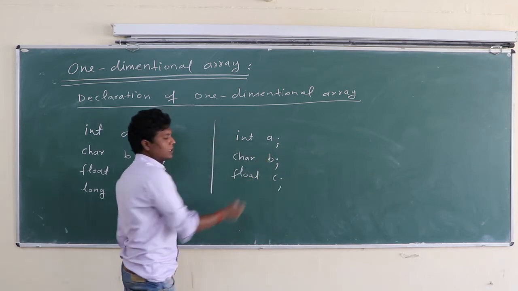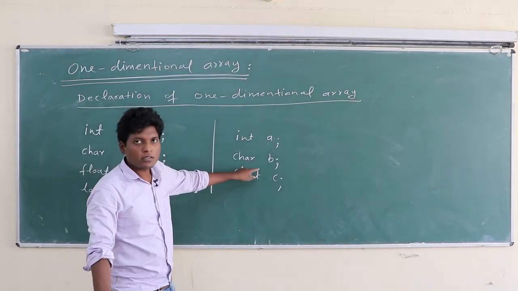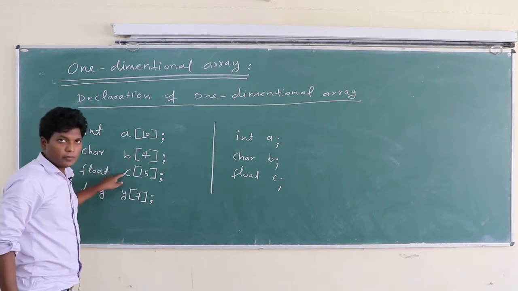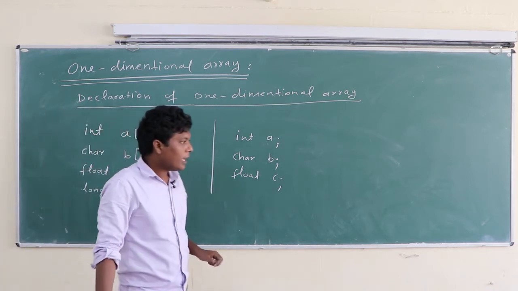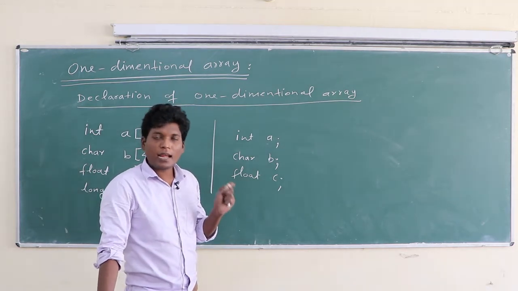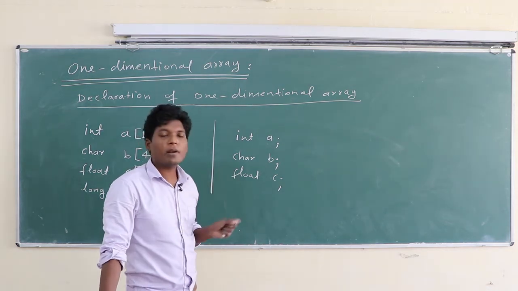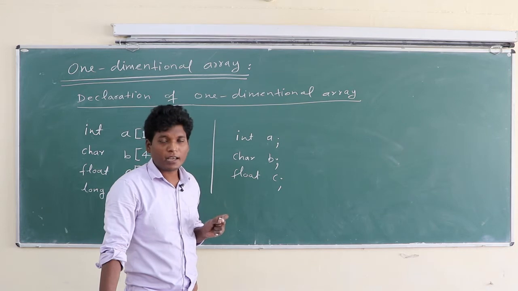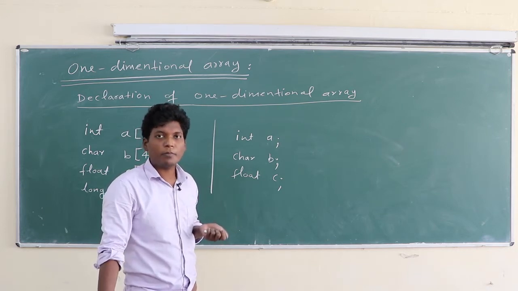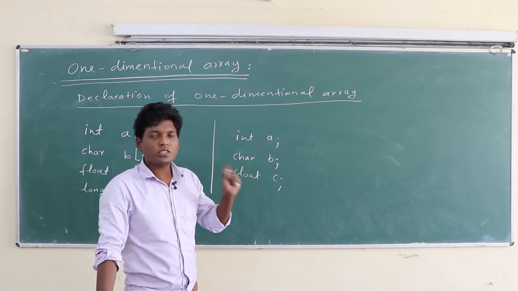Here a, b, c are the variables and also a, b, c are the arrays. A variable has a limitation. A variable can store a single element at a time, but an array can store multiple elements at a time, and those elements must be of the same type.